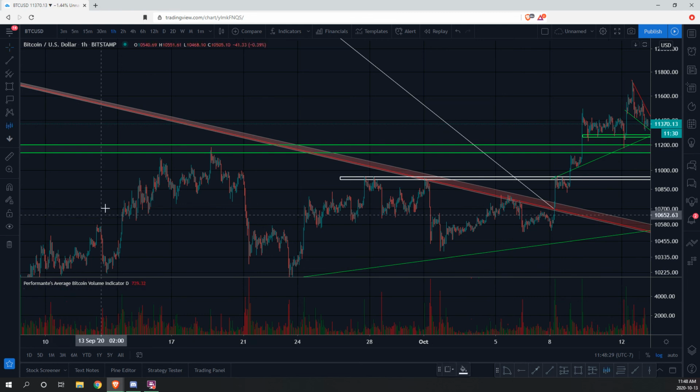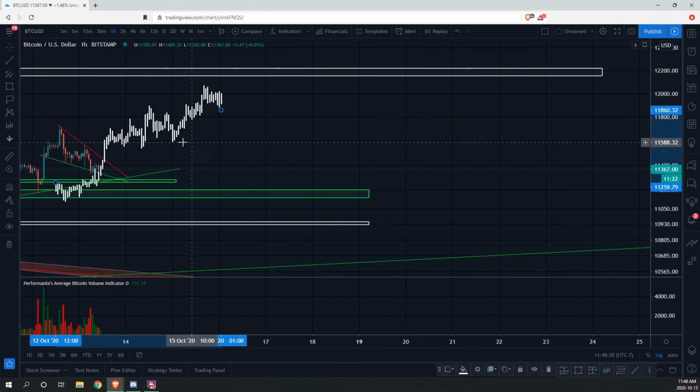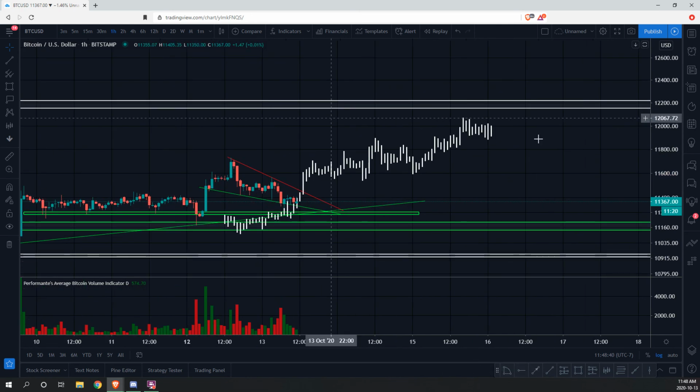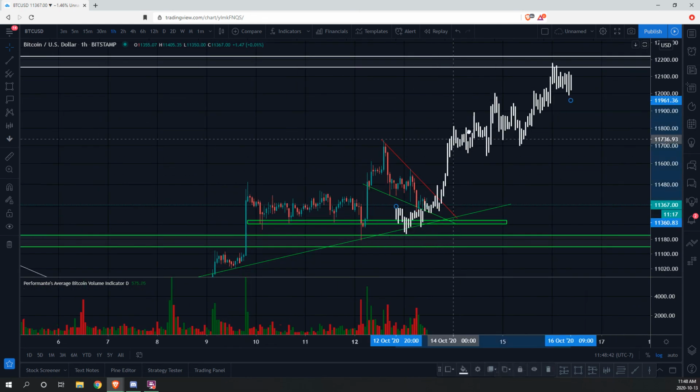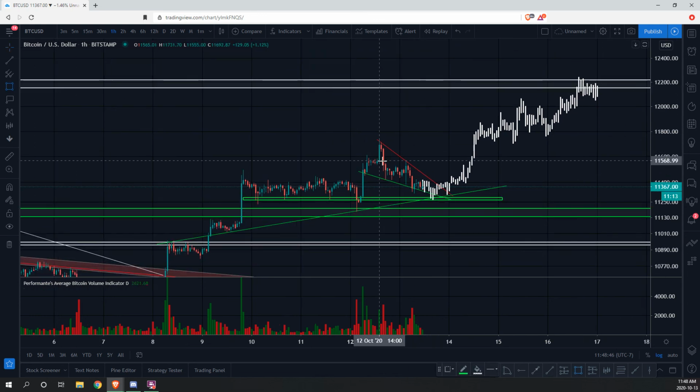So let's get our bars pattern. Ideally, in a perfect world, that is something like how it would look. You're going to get the nice consolidation at that zone of confluence.